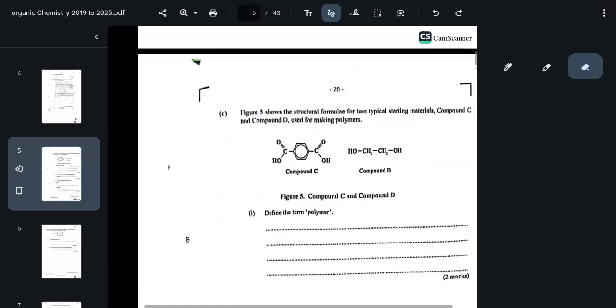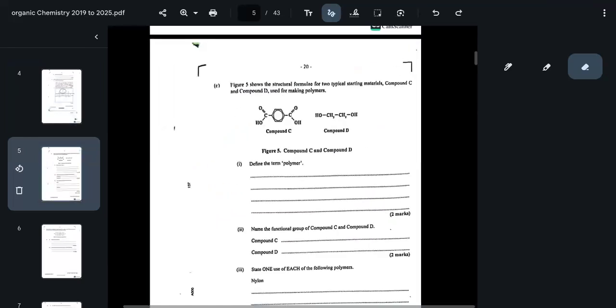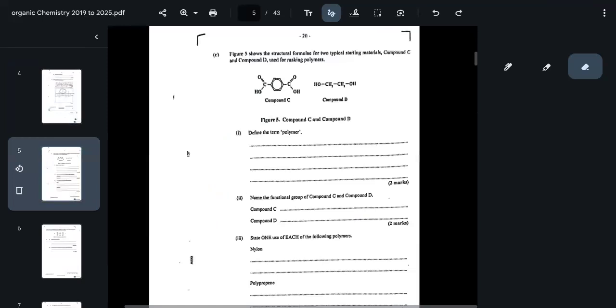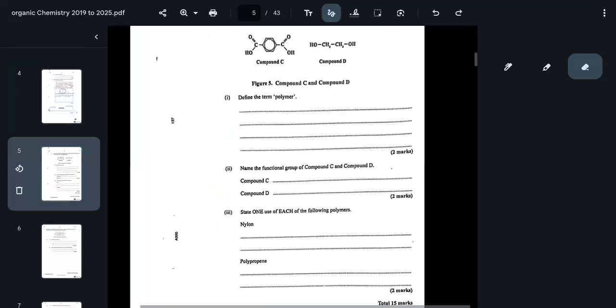Zoom out. Some of you in here wouldn't have done polymers. One second.